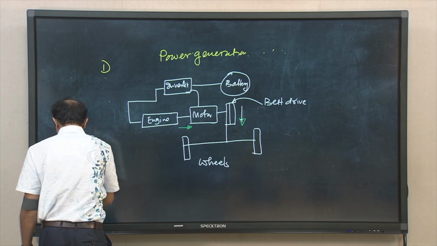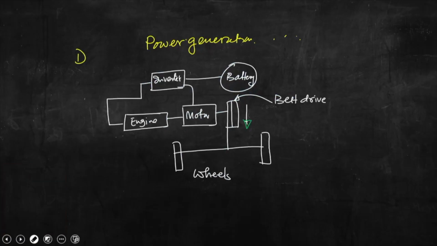Let me again erase all the arrow directions. In this case also, the motor is supplying power to this inverter, as if the belt drive is used to run the motor and the motor is supplying power to the inverter, right.